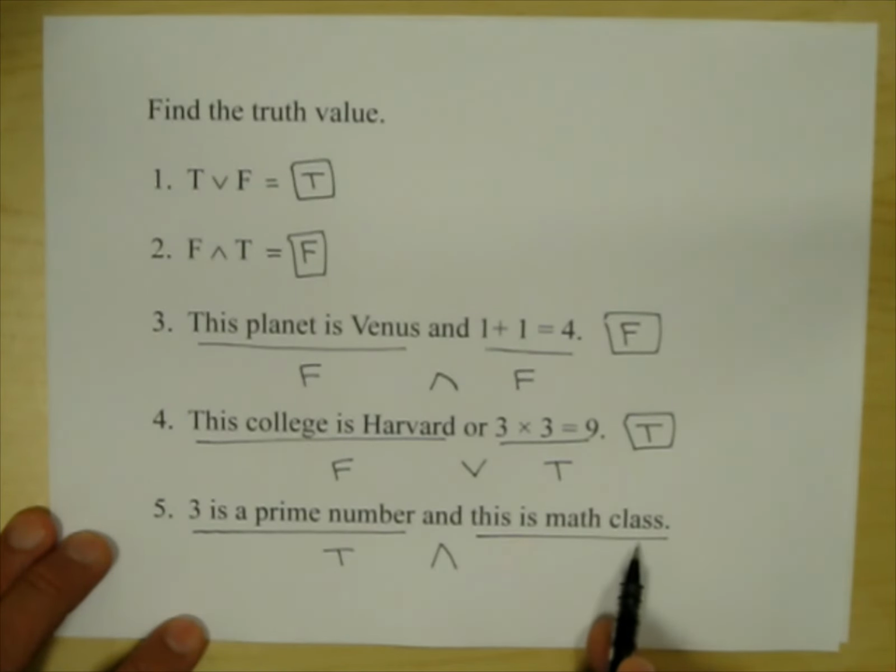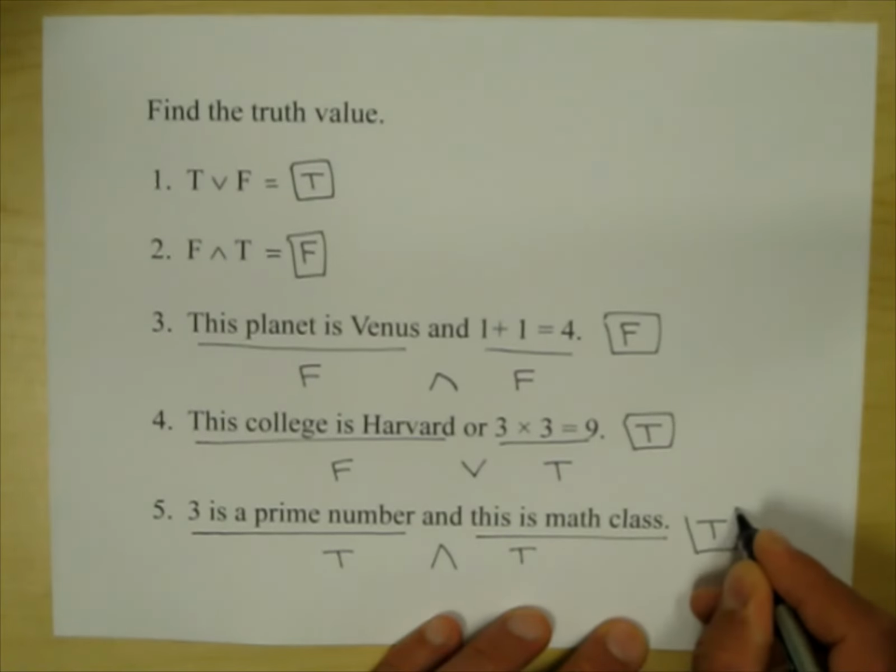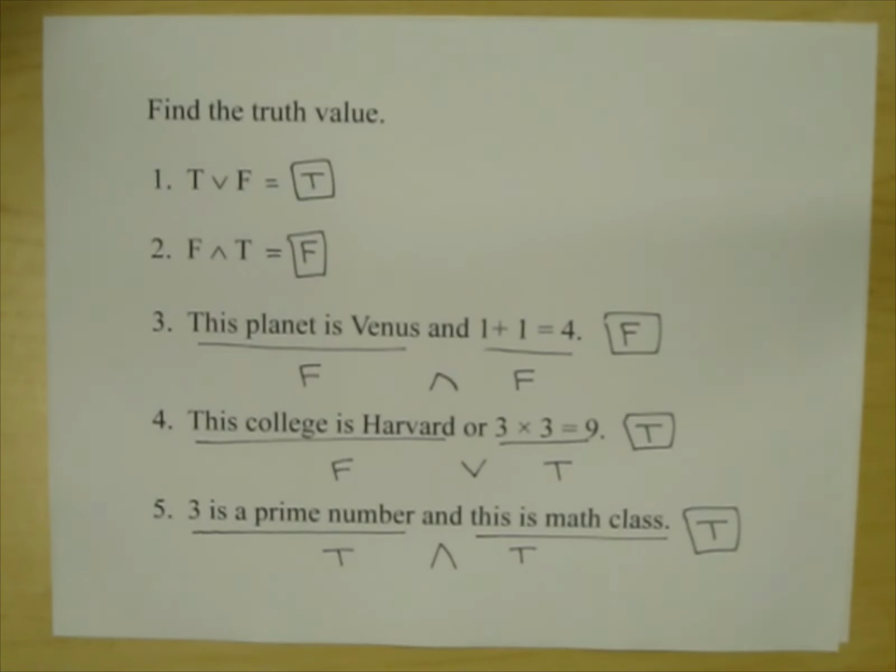This is math class. Although it doesn't feel like math class because we are writing a lot of sentences, it's still math class, so that's true as well. True and true equals true. And that's how you play the game. That's what you're going to be doing in your homework. You're going to be finding truth values of statements.